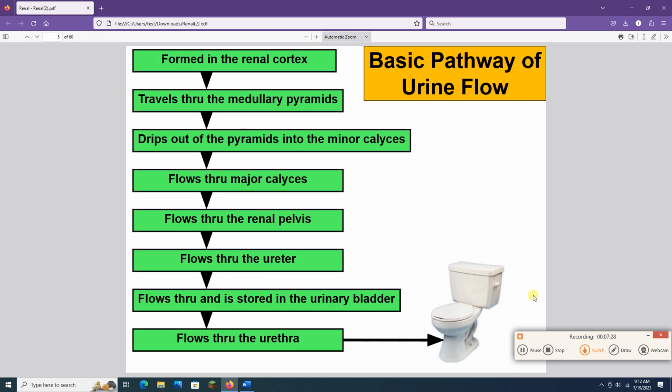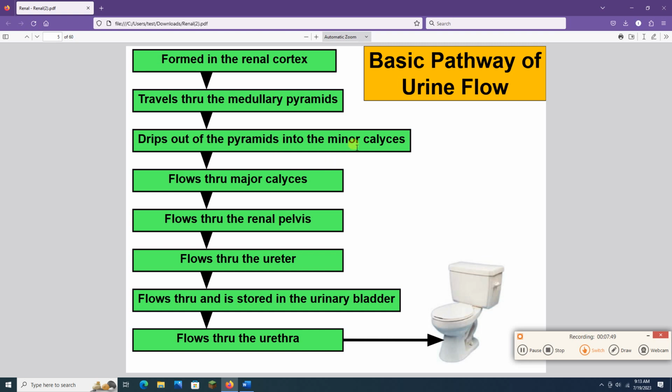And what we can do now also is do a basic pathway of urine flow. So we said urine is going to be formed in the renal cortex, travel through those pyramids, and drip out of the tips of the pyramids, which were called the papillae.